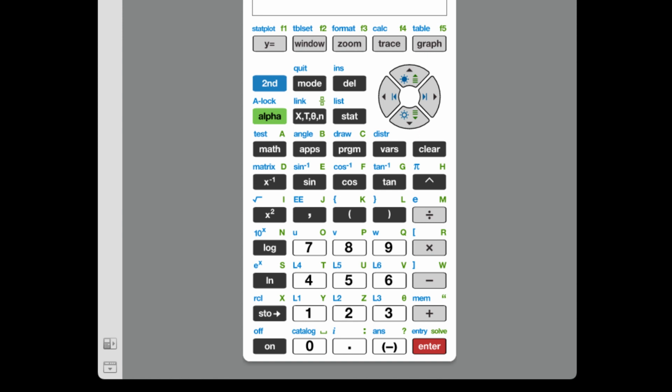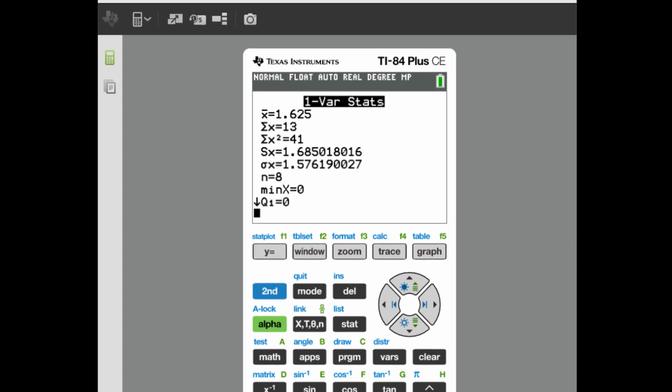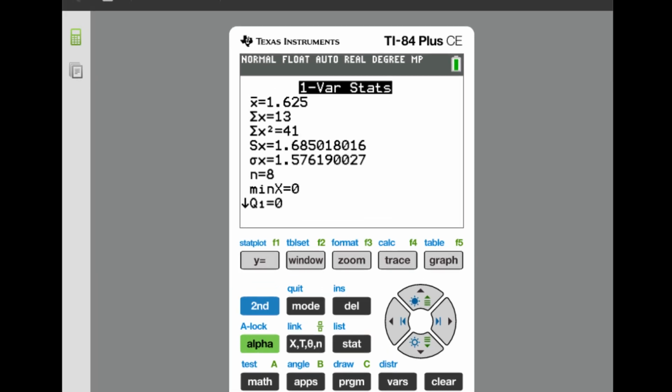But it's blue. So you hit second, 1. Oh, it's on L1 now. Now scroll to calculate. You okay with that? So hit the second, and then the 1 key, it takes you to the blue, which is L1. Now hit enter. So if you have that issue, if it's on a different list, that gets you on the right list.